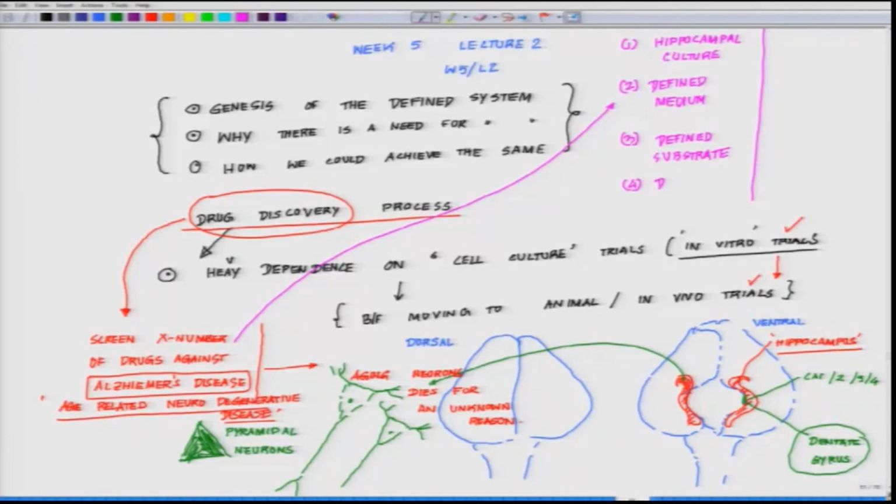Fourth, defined growth conditions. These are the most optimal things that will make this a story to explore further.